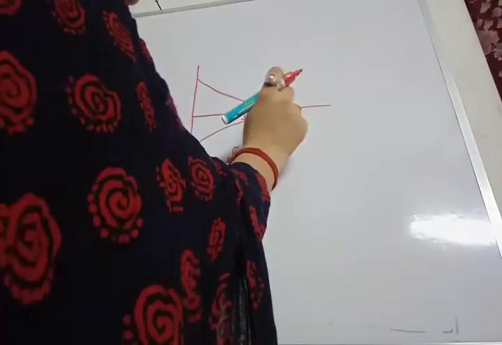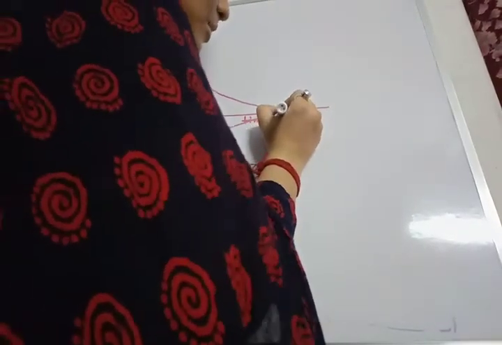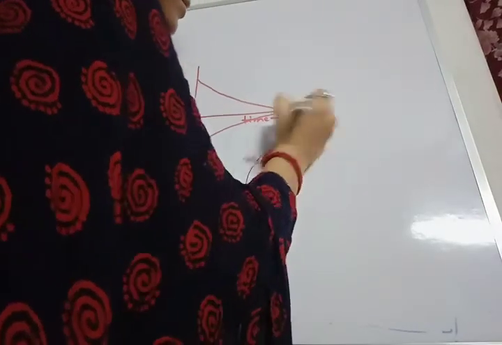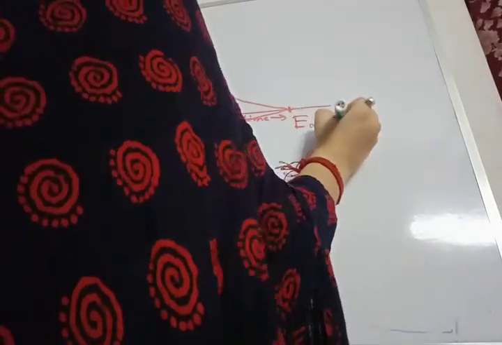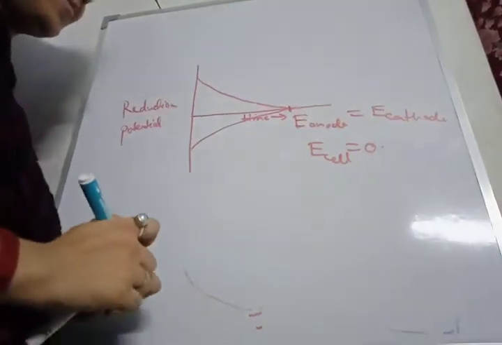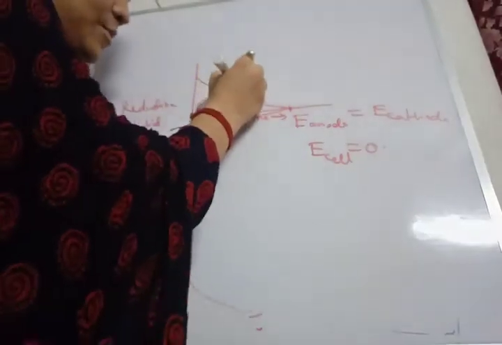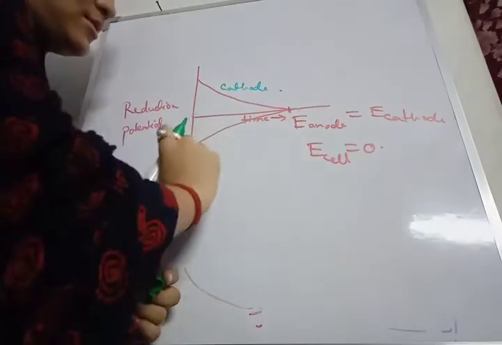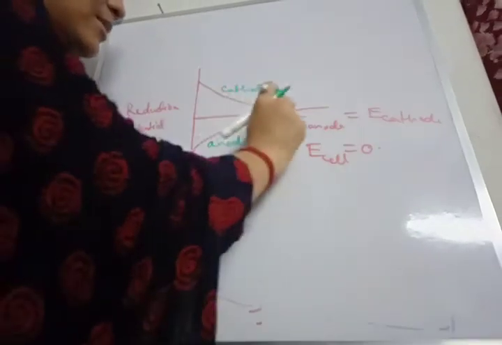So at a particular point here, E anode equals E cathode. So E cell will be equal to 0, so the cell stops working. This lower curve represents cathode because its potential decreases, and this one represents anode because its potential increases.